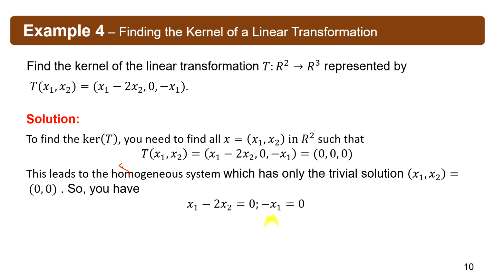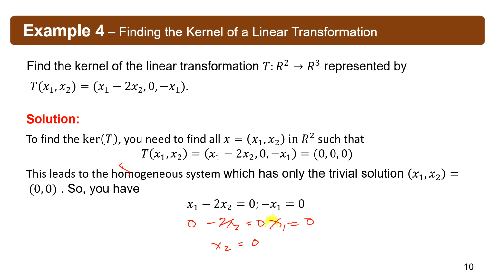X of, from here, negative, so you can say that x of 1 is equal to 0. Then you substitute x of 1 here, x of 1 is 0 minus 2x of 2 equal to 0. So x of 2 is equal to 0.